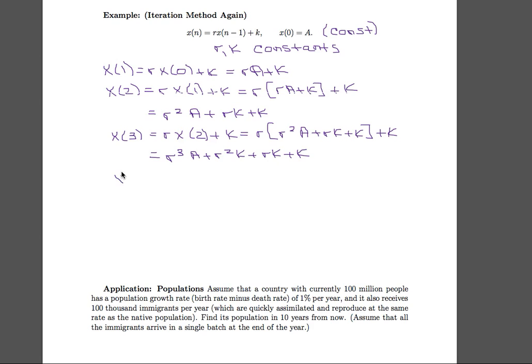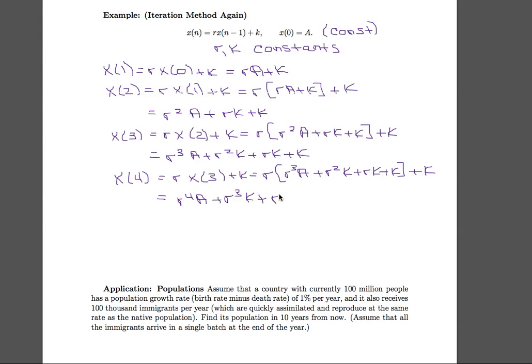And let's do one more, and then we'll try to generalize this. So x of 4 is R times x of 3 plus K. So that should be R times the previous expression we got, all plus K. And so that is R to the 4th A plus R cubed K. Now that I'm rushing, my handwriting looks worse.